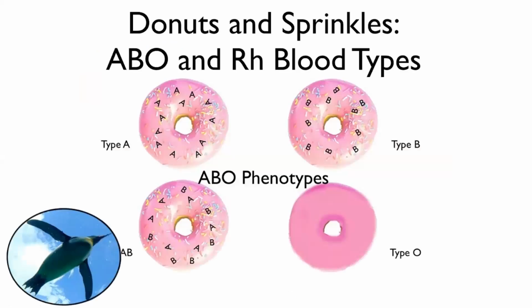So it's like these donuts. If you have type A blood group, you'll have all the A antigens going on. If you have type B, you'll show up with all type B phenotypes, antigens.